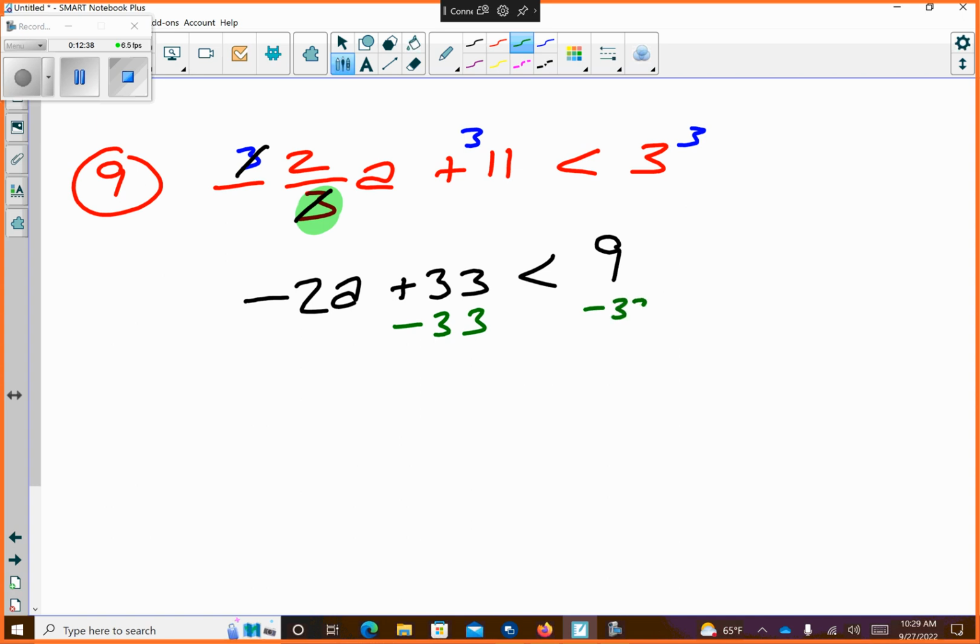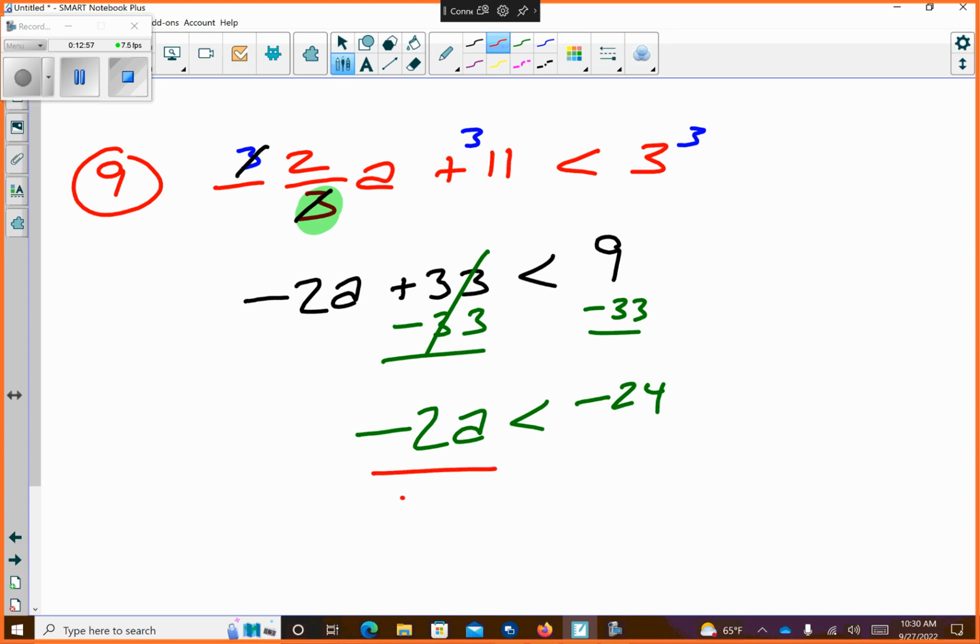Subtract 33 from both sides. I have $9 in my pocket. Something costs $33. How much do I owe? I owe $24.